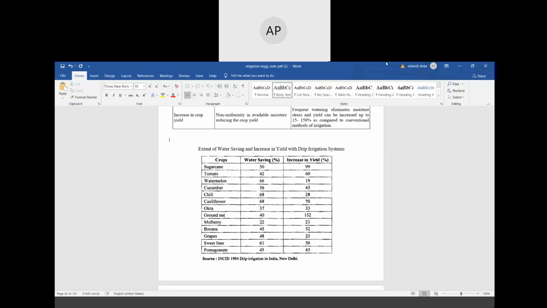Today we have studied different methods of irrigation, and you study from the beginning up to drip irrigation. That means you have to study all the irrigation methods and crop requirement, merits, demerits, all this.